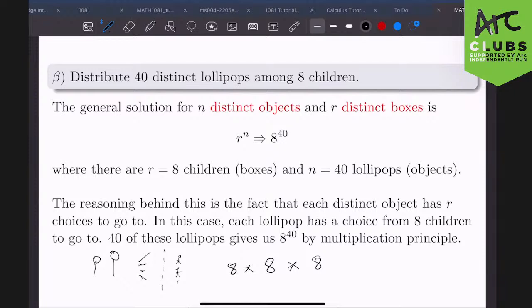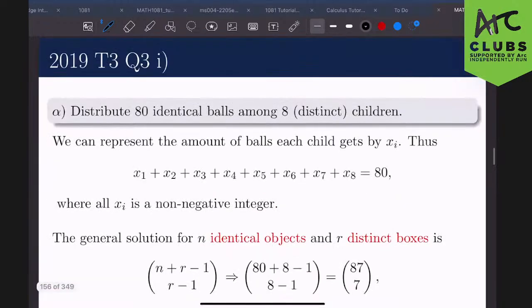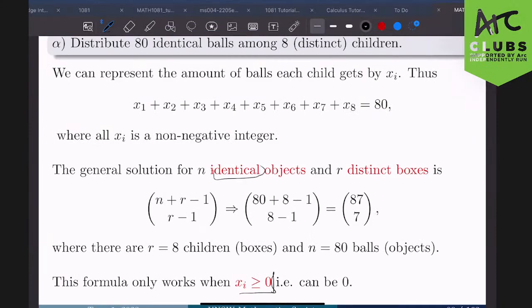But yeah, you're just applying this formula. When you're using these formulas, it's really important to be able to recognize the case in the question. Usually they're quite nice, and they just say the lollipops are distinct, and the children are also distinct. So you can apply this formula, but make sure you're applying it in the right case. In this case it was distinct, and in the previous case it was identical objects.